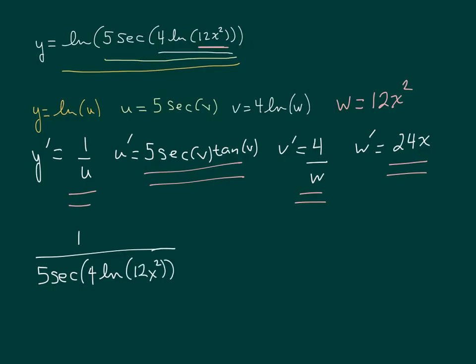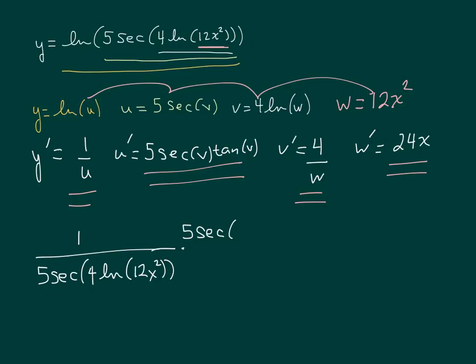So I just started substituting. You can kind of see what I'm doing is I'm going from here to here to here to here. Alright, so now the second piece here is 5 secant v, where v is 4 ln of w.